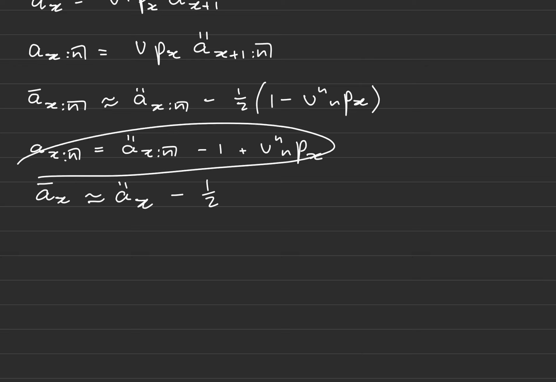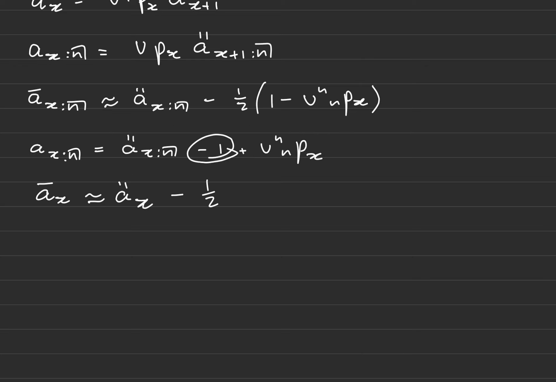Now, that helps us understand this, where now I must subtract 1. That helps us understand this here, where if I distribute this negative a half, I get minus a half plus a half into that. Now, if I use the interpretation of those two, I can then understand that top formula.